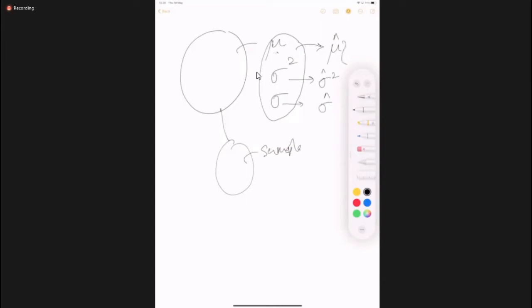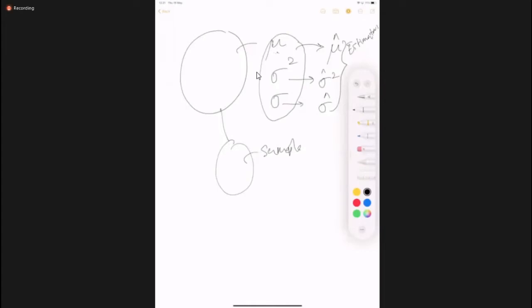So these are called estimators. These estimators are used to represent the particular population parameters.